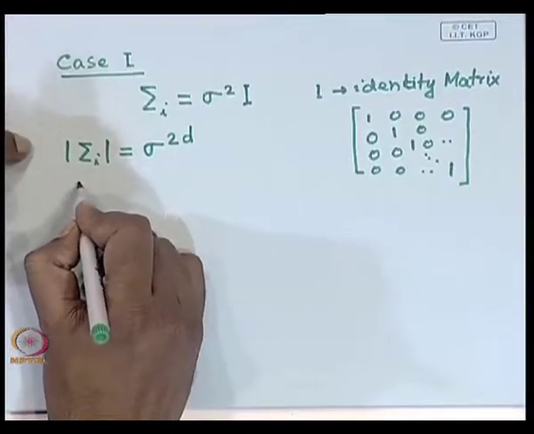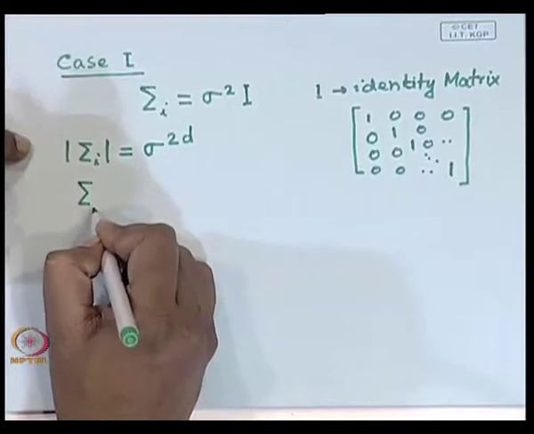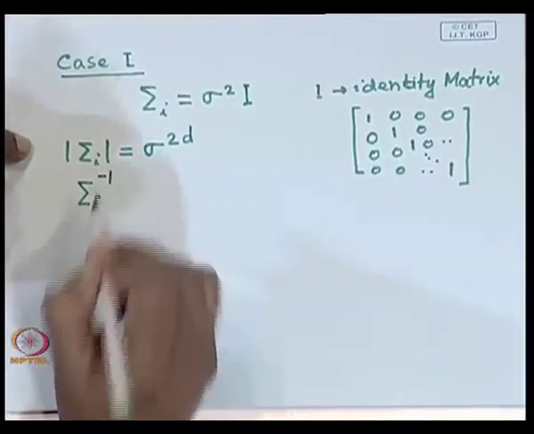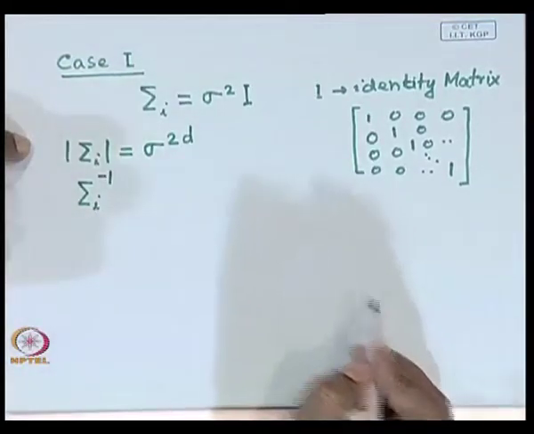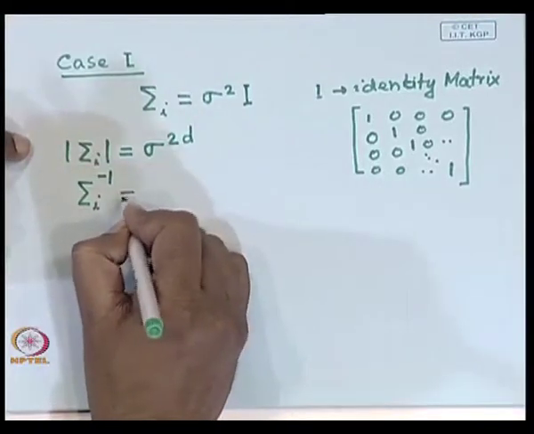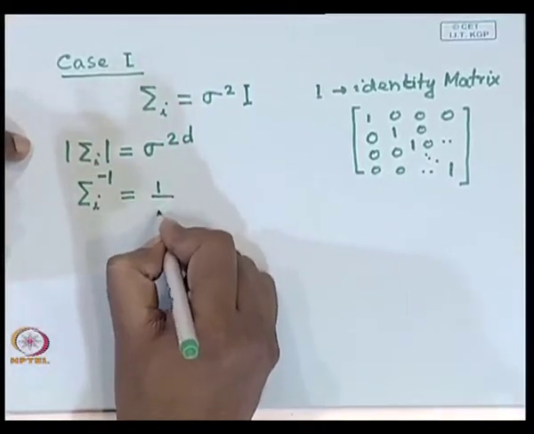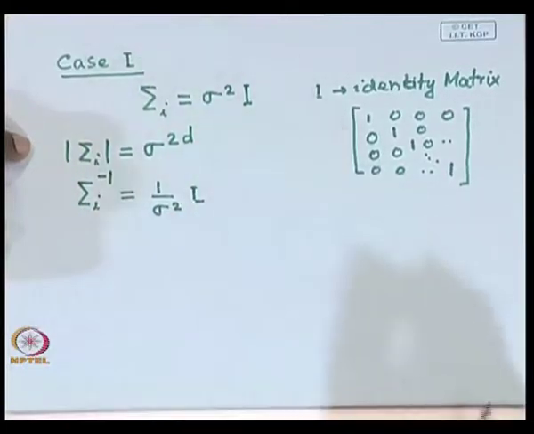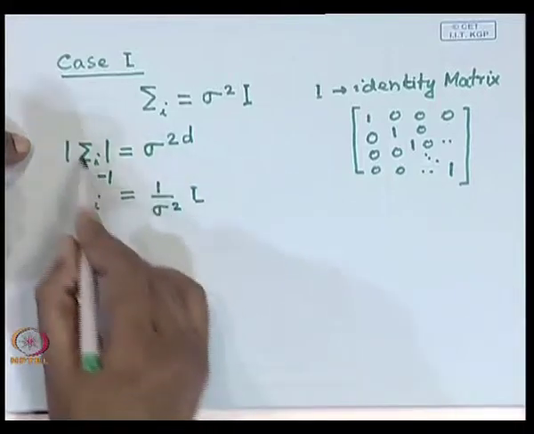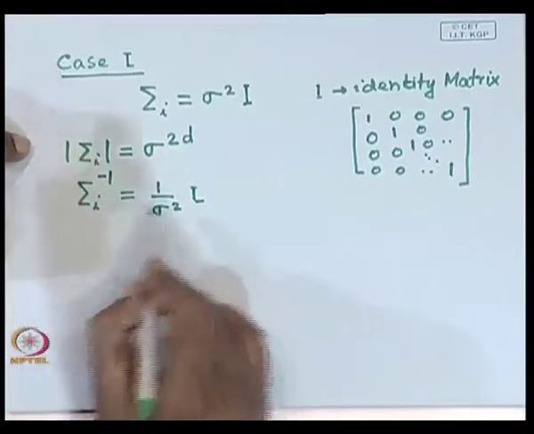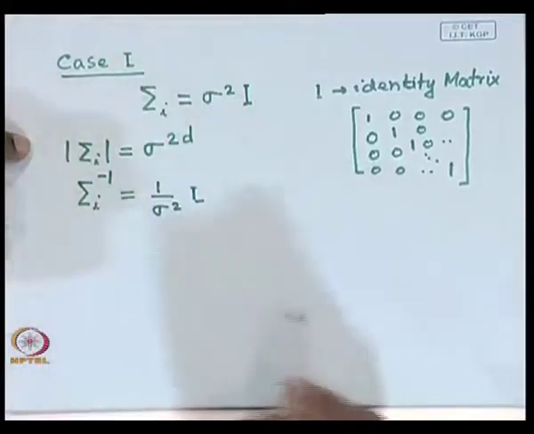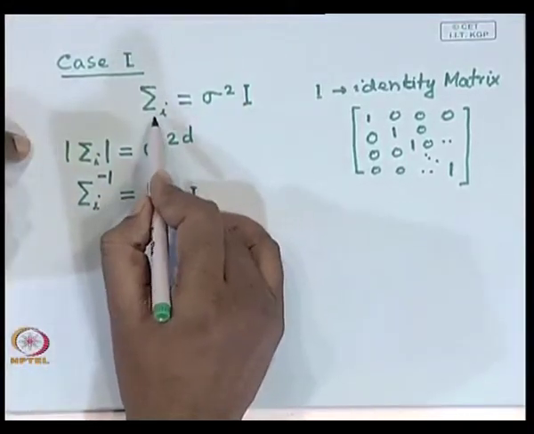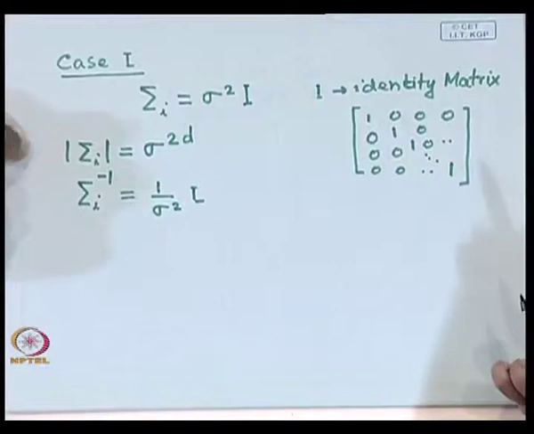And it is also quite obvious that the inverse of the covariance matrix, sigma_i inverse, will be nothing but 1 upon sigma square into the identity matrix I. So, in this case 1, the covariance matrix is the same for all different classes.